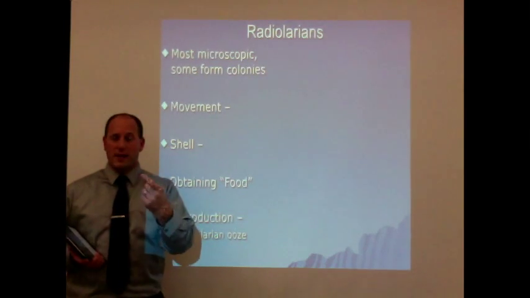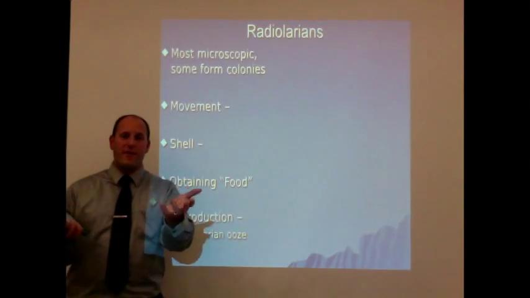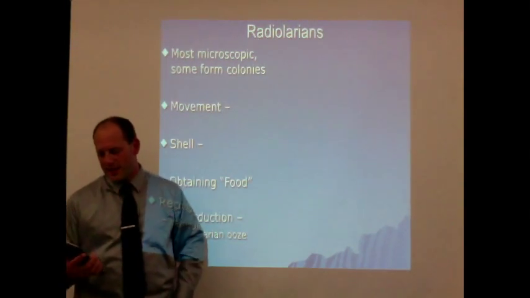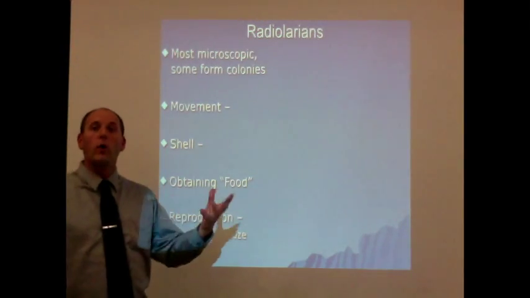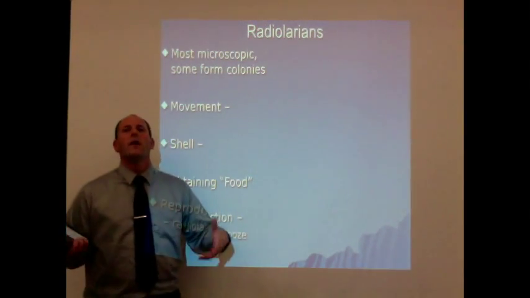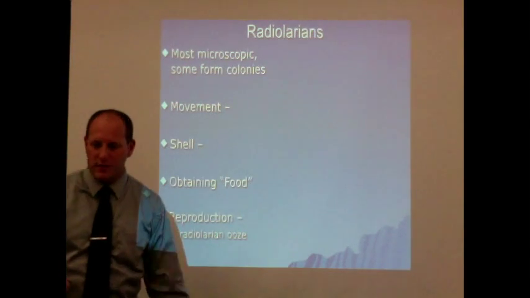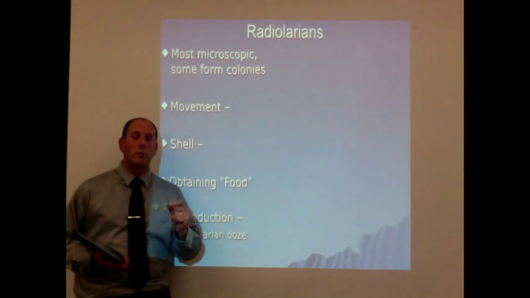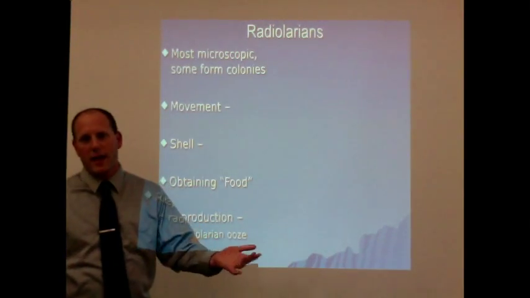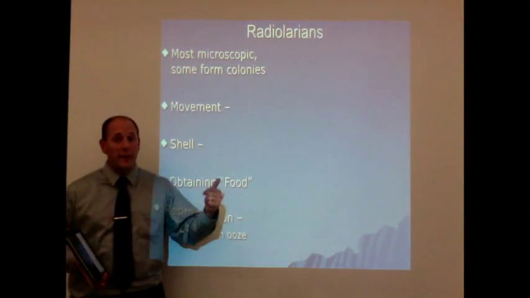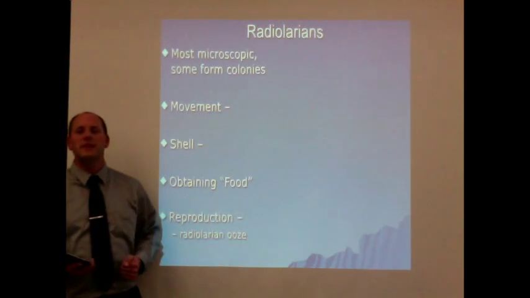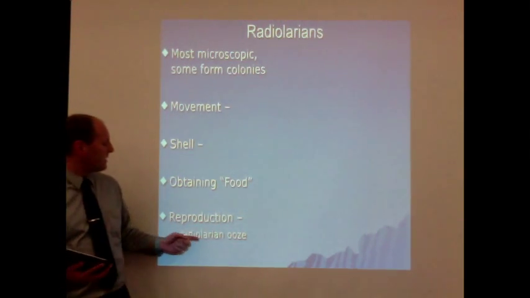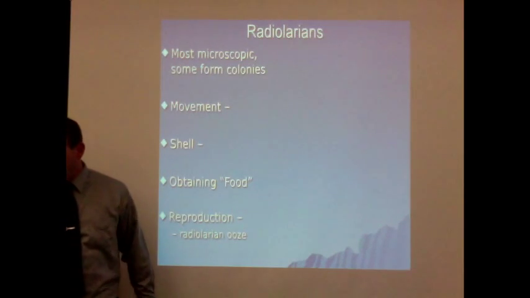So these organisms, since they are one single cell, don't have egg cells or sperm cells. That wouldn't make sense. When they grow in huge numbers, they die. Their shells are going to sink down to the bottom, and they'll form, wait for it, radiolarian ooze. I know, shocking, right? But that's the kind of substance that they are forming, this radiolarian ooze, in their reproduction.